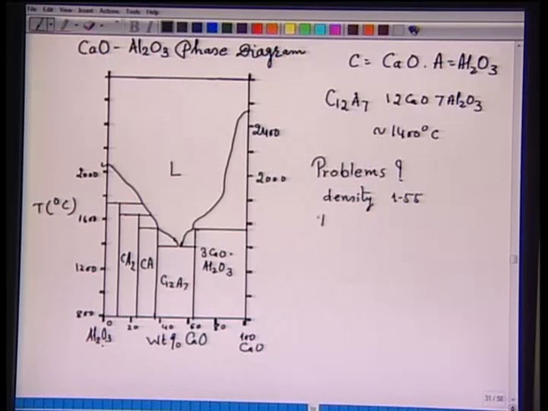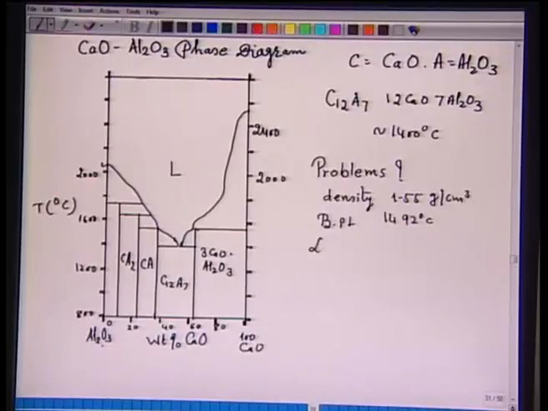It has a boiling point of 1492 degrees Celsius. At the steel making temperature, which is 1600, it is in the vapor form, and vapor is highly reactive. Third, it has extremely low solubility in steel, of the order of 320 ppm.